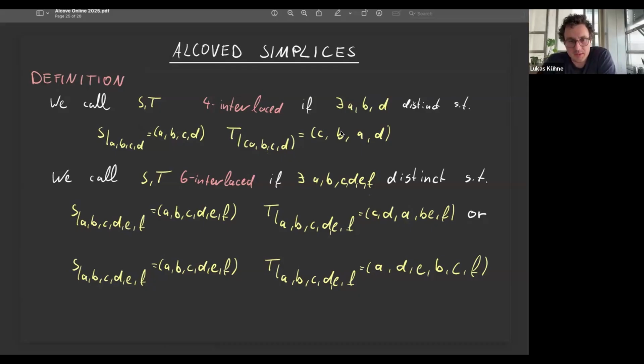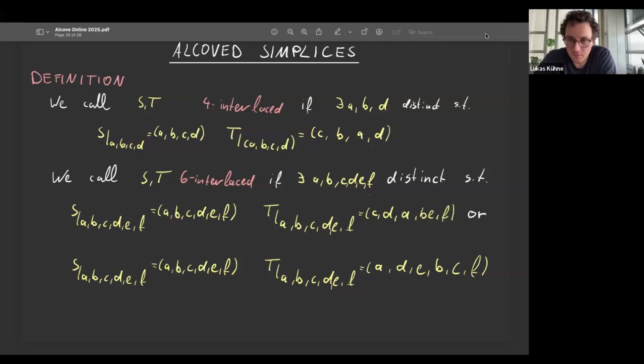There are two more of these patterns we found on 6 elements. It's the same now, but for 6. Again, we demand that restricting S to these 6 elements is just the standard order, but restricting T to these 6 elements gives us again such an interlacing, these two particular patterns, because also for these patterns we find a similar graph which interlaces between the upper and lower edges in the graph on the 6 vertices.